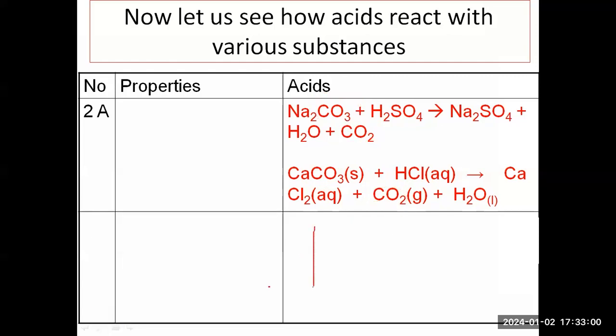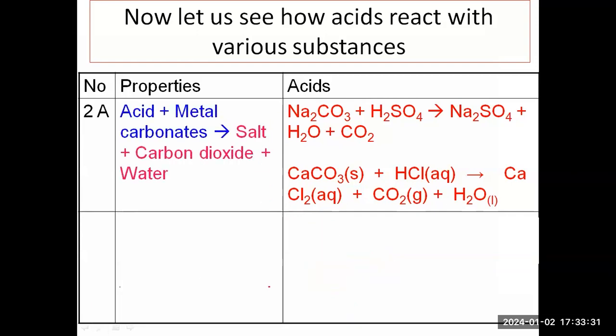If you have taken a test tube and you have the acid into it, and you put some powder of calcium carbonate or sodium carbonate into it, you will see some bubbles. This time the bubbles will be of carbon dioxide gas. So this is the conclusion here, right?